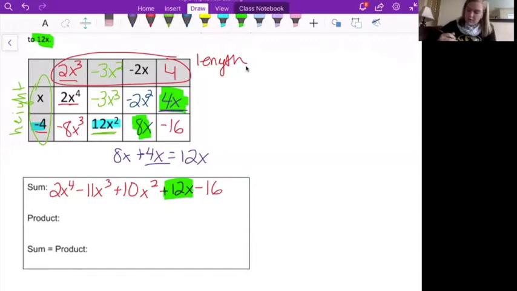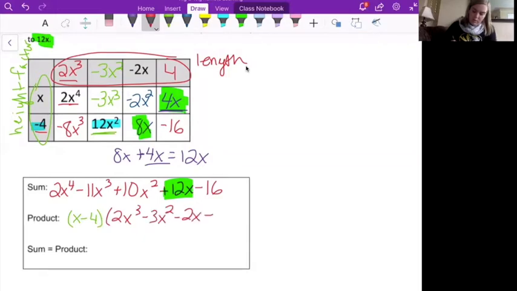Our product is our height factor of x minus 4 times our length factor of 2x cubed minus 3x squared minus 2x plus 4. So that's our product.